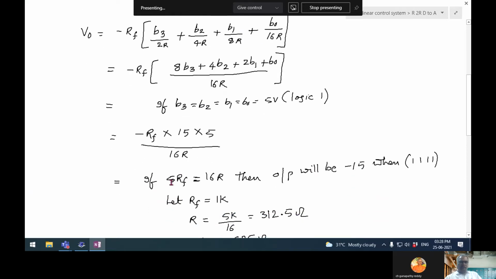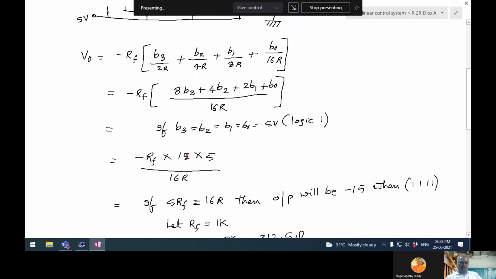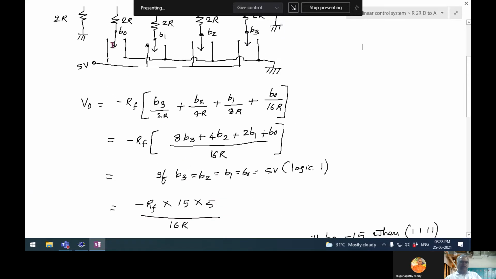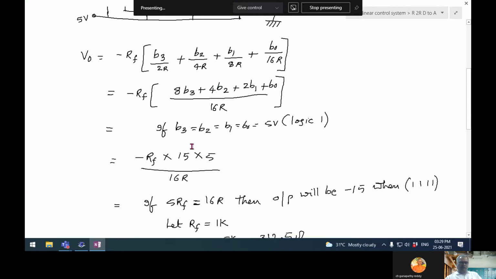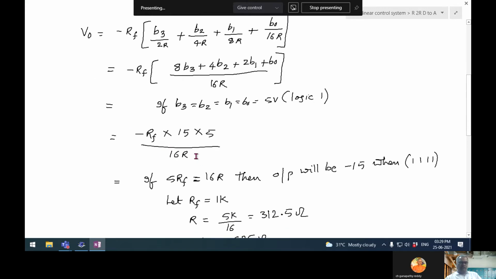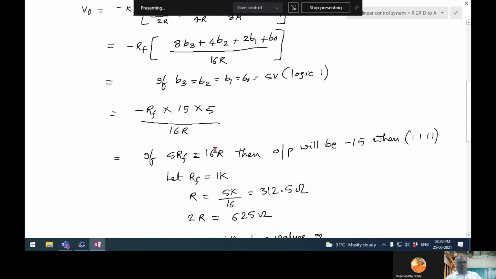Now, if 5 into RF is equal to 16R, then if all bits are connected to 5 volts, that means 1, 1, 1, 1, which is equivalent to 15. Therefore, 5 into RF should be equal to 16R. Then V naught will be minus 15. That is the main concept.